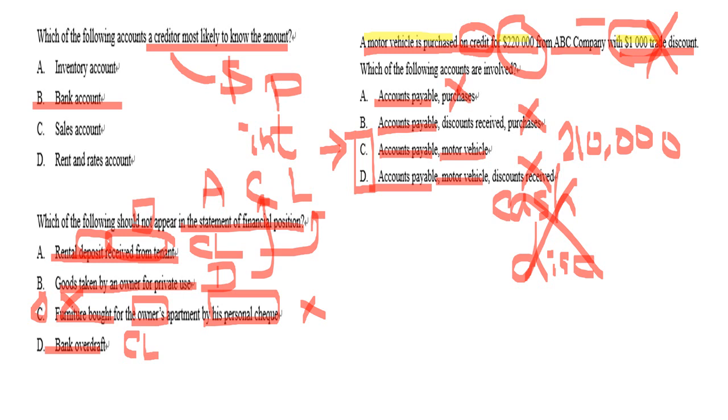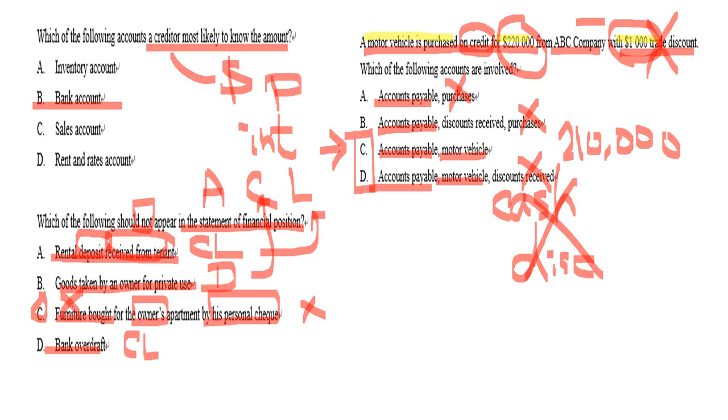Okay. Next one, a motor vehicle is purchased on credit for this amount from ABC company with $1,000 trade discount. So together with these two figures, the net figure is we have to minus $1,000 after the provision of trade discount. Because it was purchased on credit, it appears in an accounts payable account. That's correct. All four answers include this account.